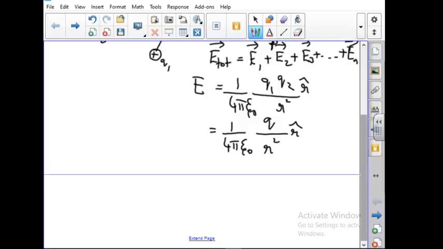So this is the equation for two charges, and this is for a single charge, that is a charge and a point P. We are calculating the electric field due to a single charge.